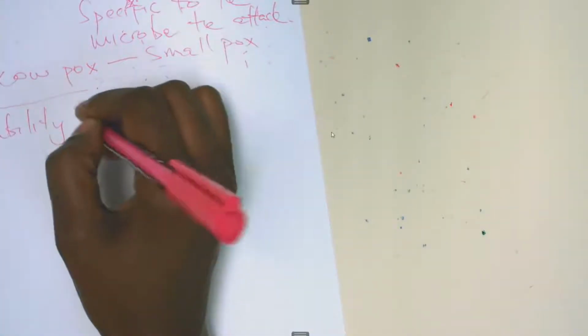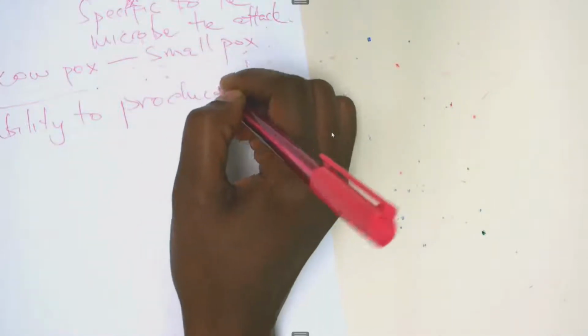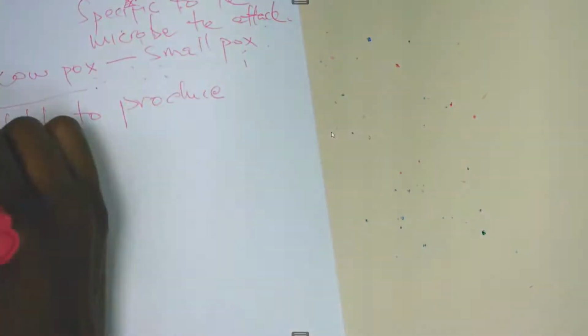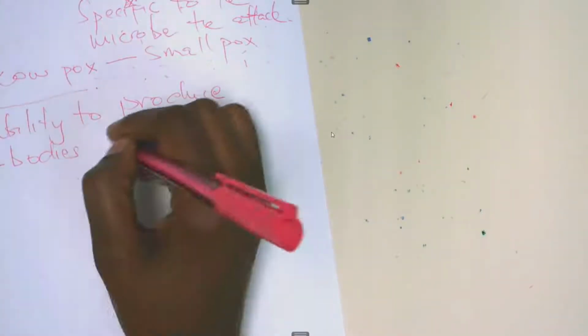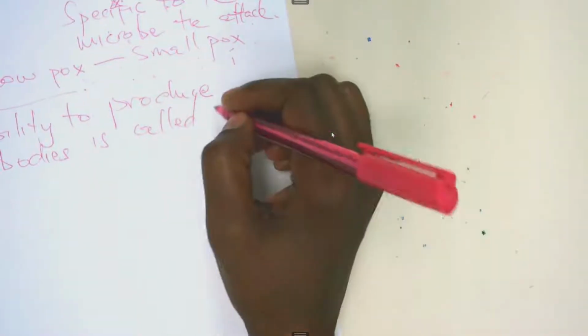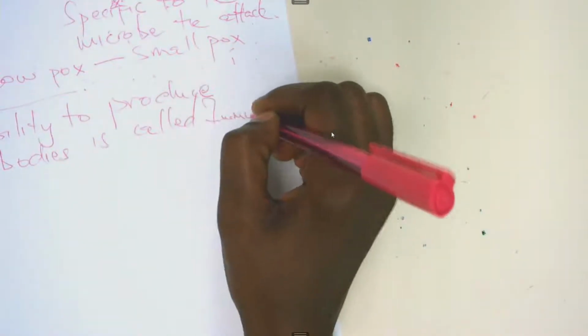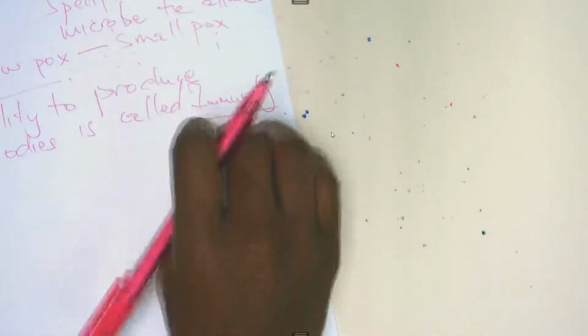So this ability of the body to produce antibodies is called immunity. Please, you have to be able to describe this term.